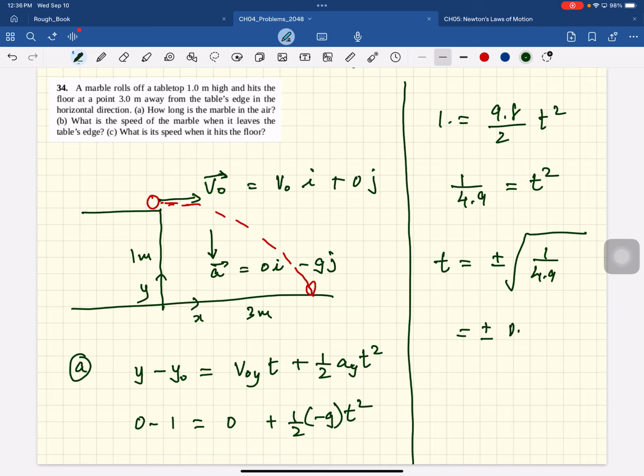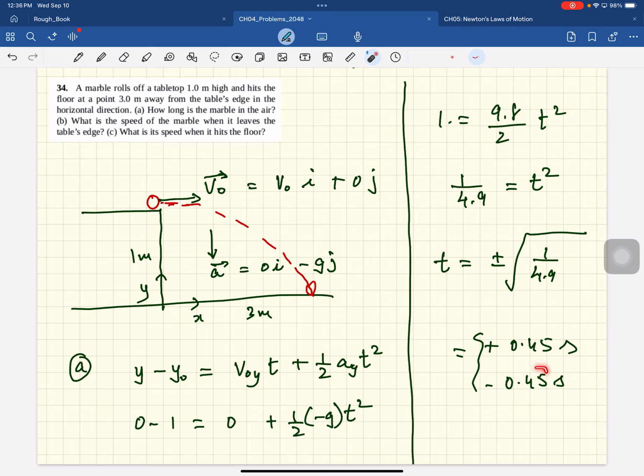So plus or minus 0.45 seconds. And of course, our solution is this one.